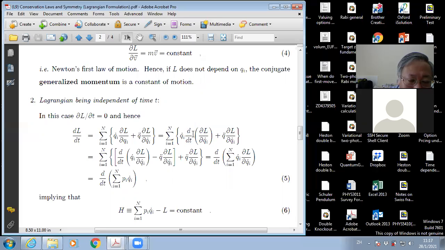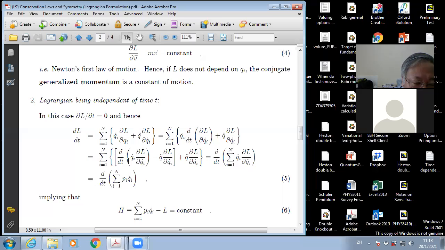And we can also rewrite the first term once again in terms of these two terms, because we can take q̇i and ∂L/∂q̇i as a product of two variables or two functions, all right?